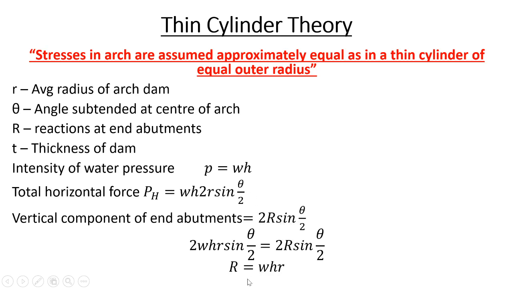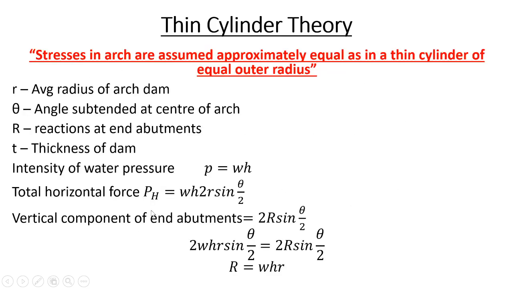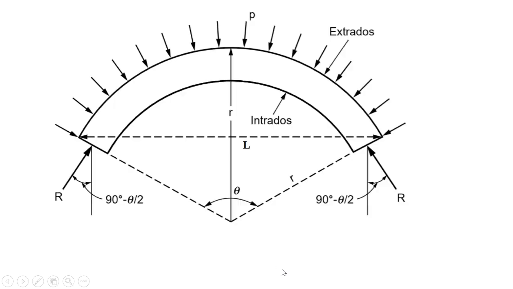At the end you will get R equal to w times h times r, where capital R is the reaction at the end abutment, w is the unit weight of water, small h is the height of water, and small r is the radius to the extrados of the arch dam.